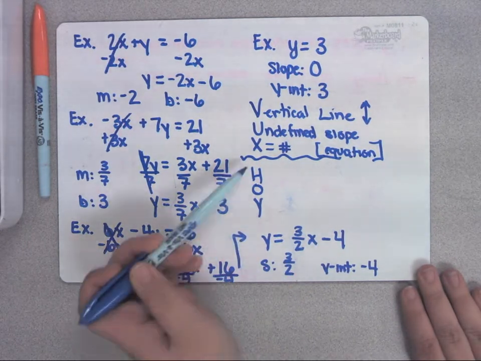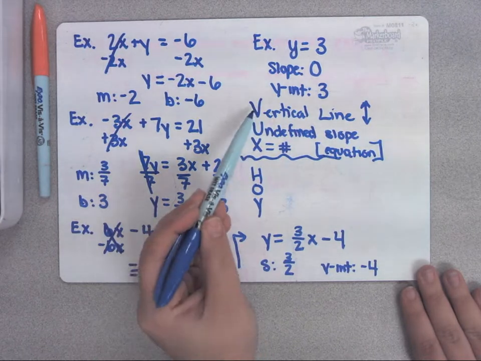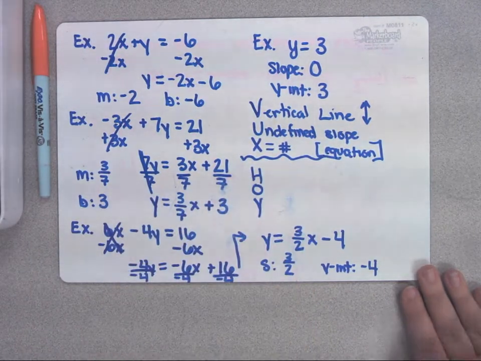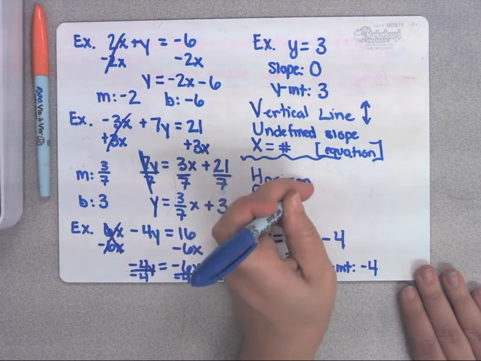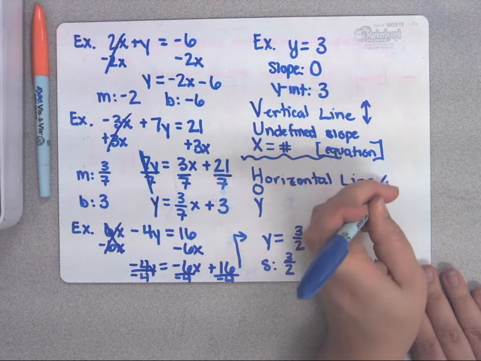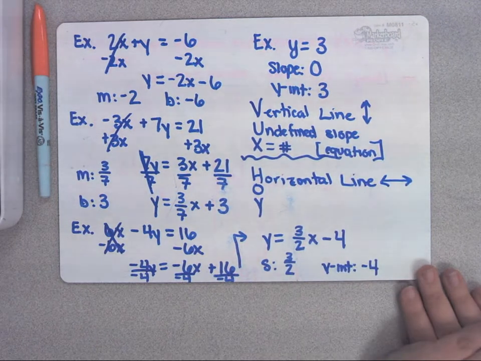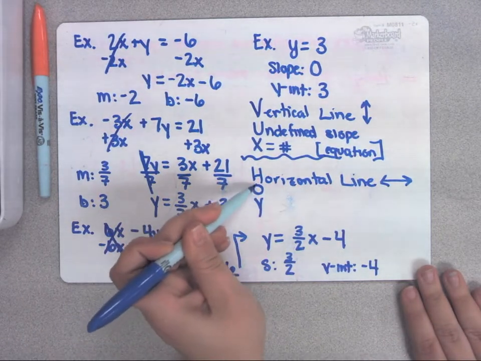Now, hoi. If V is vertical line, what do you think H stands for? Horizontal. Horizontal line. Again, horizontal means left to right. What does this look like right there?